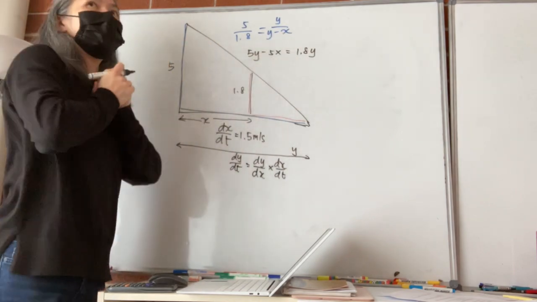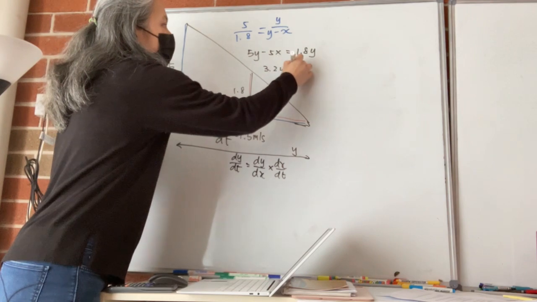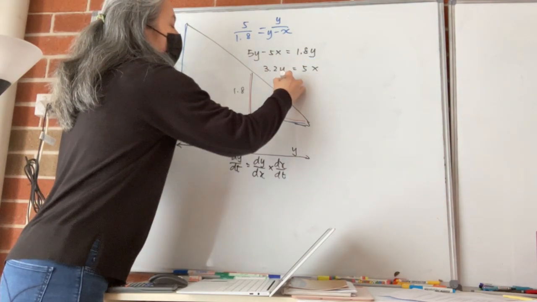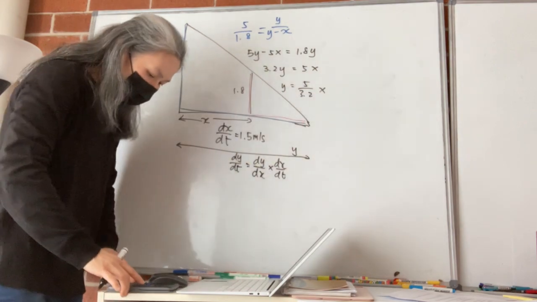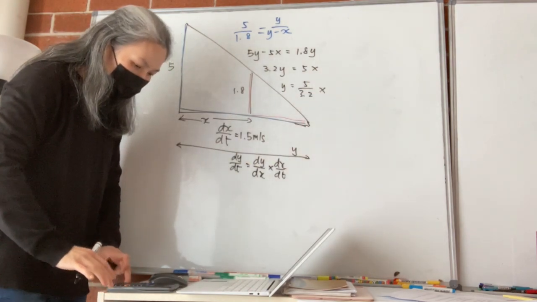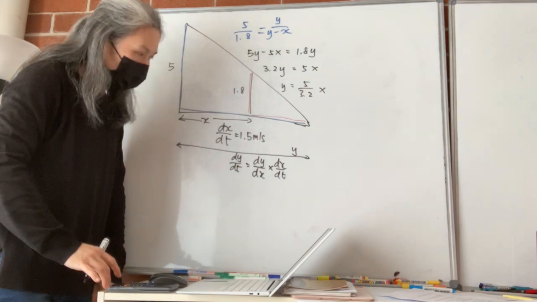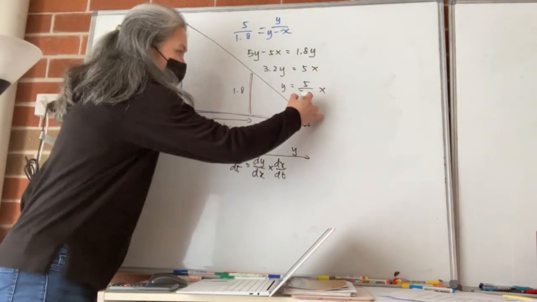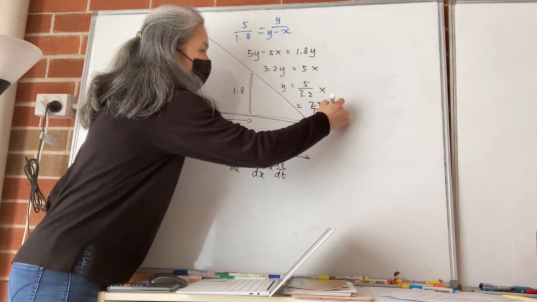Moving terms, 5 minus 1.8 is 3.2, so y equals 5 over 3.2 x. 5 over 3.2 is 1.5625. I will leave it like this.